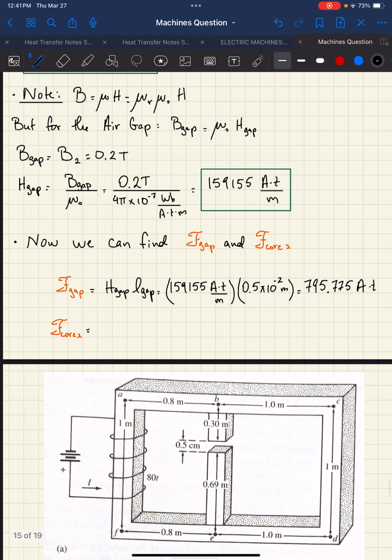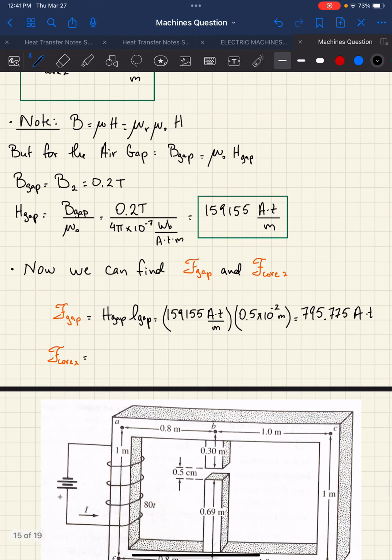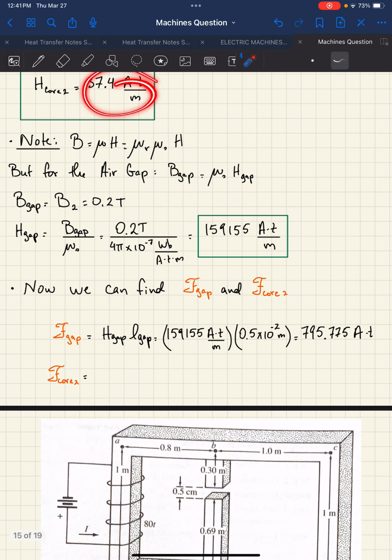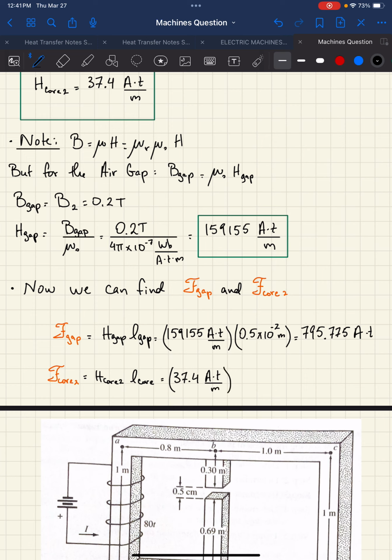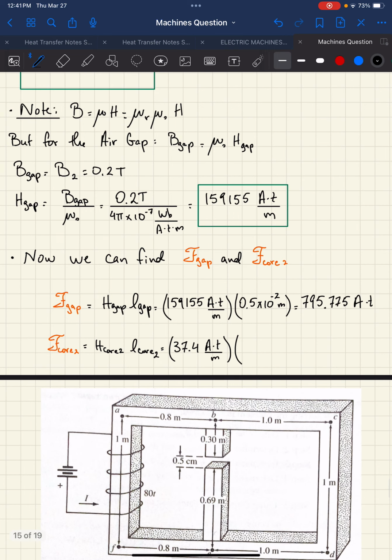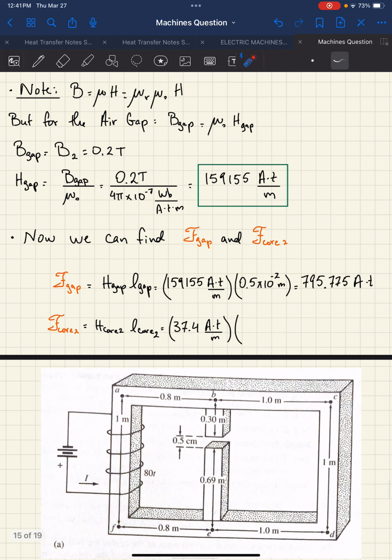F core 2 is H core 2, which I have up here. So H core 2 times L core 2. H core 2 is 37.4 amp turn per meter. L core 2 is the mean length of core 2, which is basically leg 2.